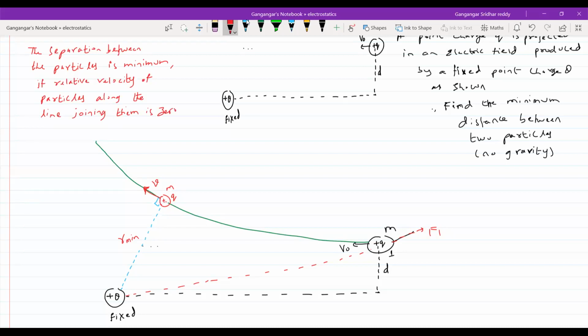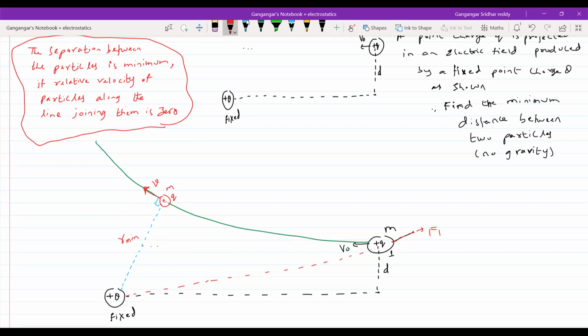You go back to where you came across this minimum separation, in kinematics. There we didn't bother, because we were more concerned with getting that minimum separation only. It is one idea in curvilinear motion that has come across: at minimum separation between the particles, the relative velocity along the line joining the particles will be 0.